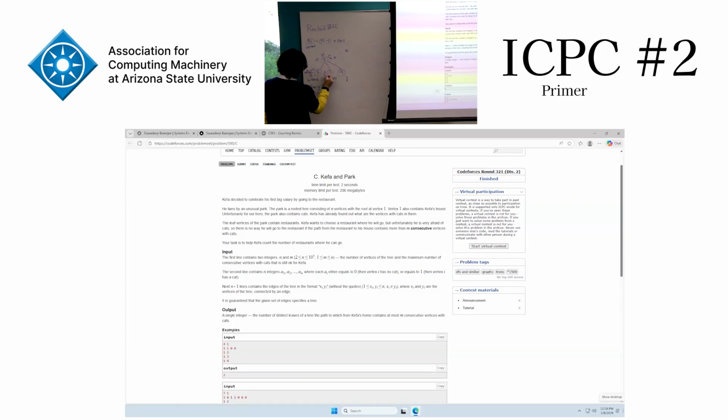Now this path is a leaf node, so it will be 0 plus 1, which is 1. That's one solution here. You backtrack again to 1, now you go to this path. In this path, it's again a leaf node, so this will be again 1.